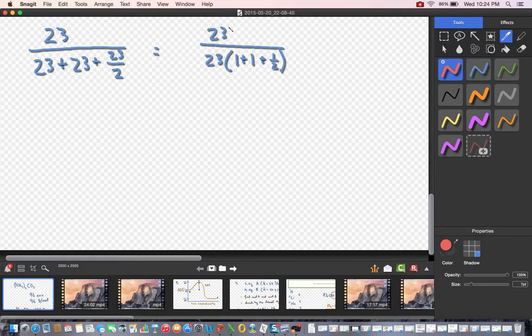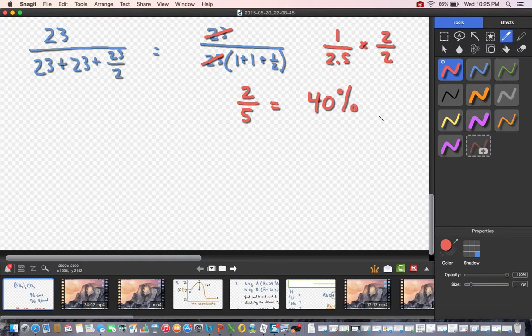In other words, the two 23s now cancel. And I get 1 over 2.5. If I multiply the top and the bottom by 2, I haven't changed the value, it's now 2 over 5. This is the percent composition of Na+. This is 40%.